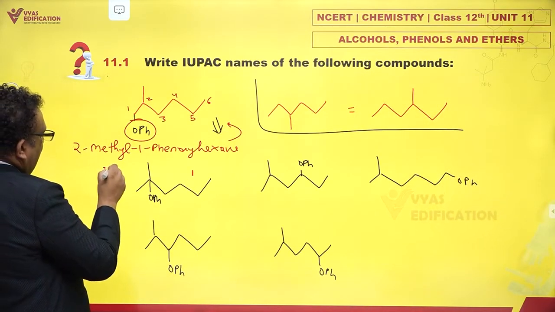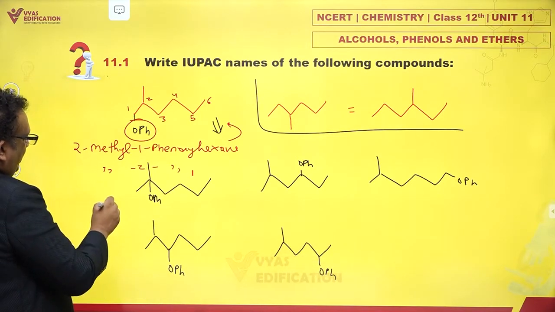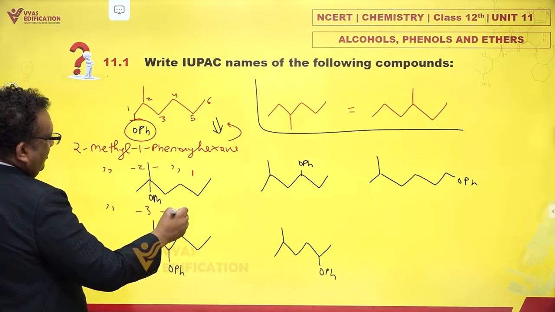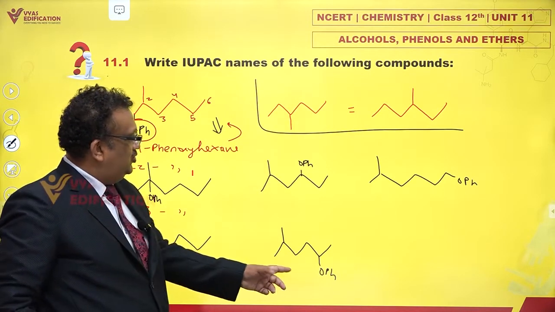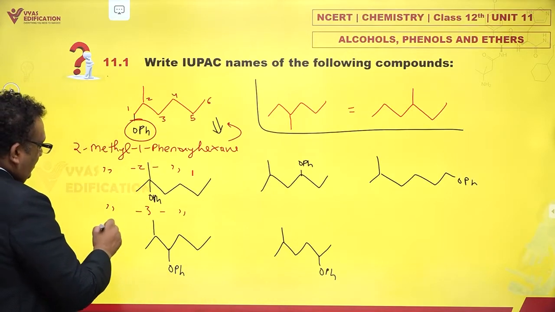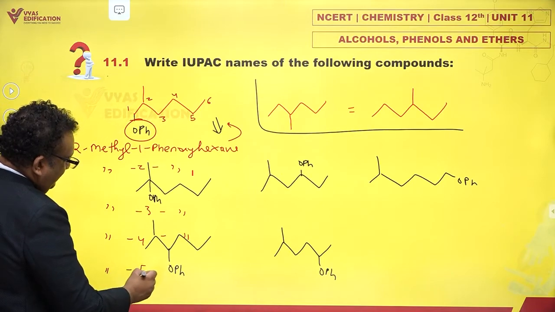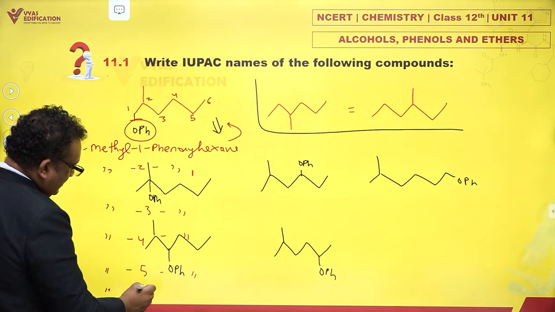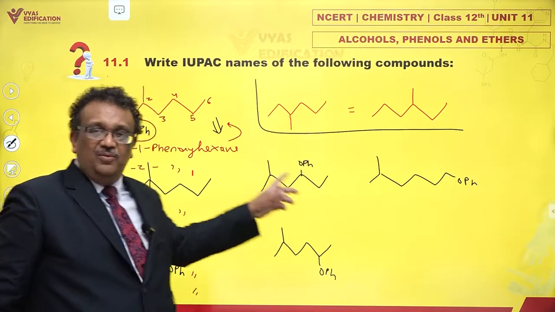This is 2-methyl-2-phenoxyhexane. Then this would be 2-methyl-3-phenoxyhexane. Then there would be 2-methyl-4-phenoxyhexane, 5-phenoxy, 6-phenoxy. These compounds go on.